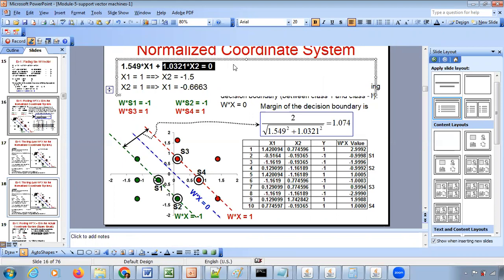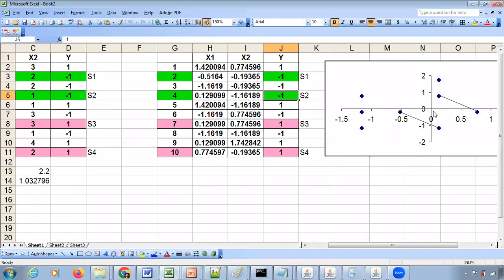That basically means it goes through the origin. That's actually sufficient, but to do the rest of the math, we need the two other data points. But we know that it goes through the origin, right? So what we'll do is draw something that's parallel and goes through the origin as well. That's good enough to get Wx equals 0.